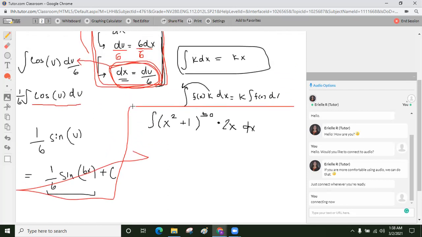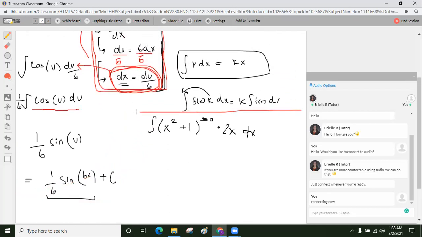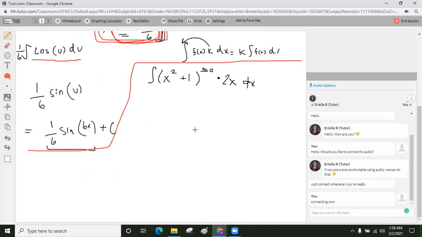Yes. So what will be the u for this problem? I was told here and there that I can only choose a u whose derivative is in the integrand. So that is correct.